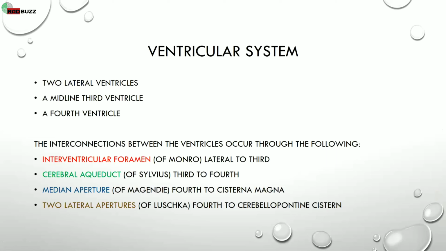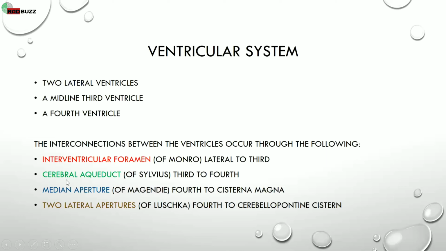There are different connections. The ventricular system is one system which interconnects all the ventricles, the lateral ventricle, third ventricle, fourth ventricle together. So there are few foramina or communication areas between these. Interventricular foramina, the name tells it's between the two ventricles. Interventricular foramen has a name, Monro, and it connects lateral to the third ventricle.